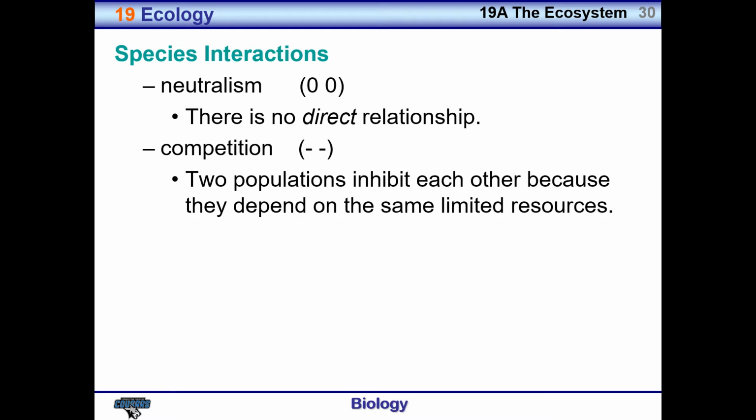Like for instance, fox and coyotes don't do well in the same area because they're competitors. They both like the same food, and so usually you'll either have a larger population of fox and few coyotes, or the reverse, where you have lots of coyotes and few fox.